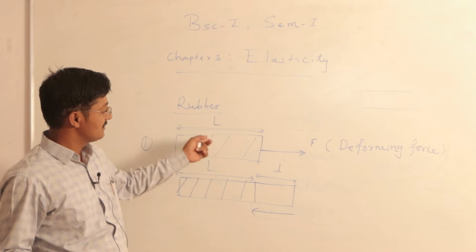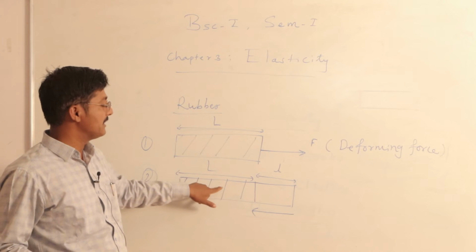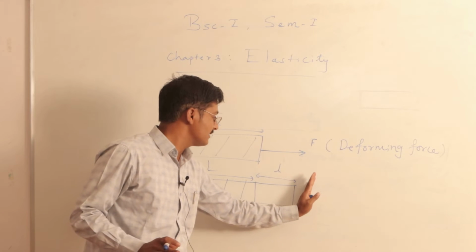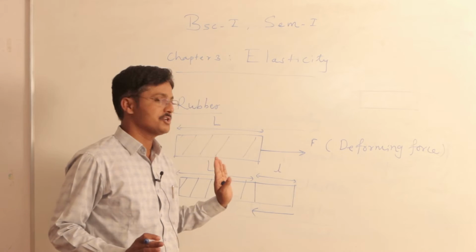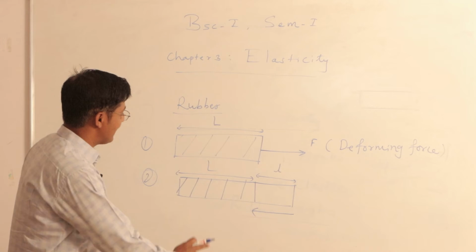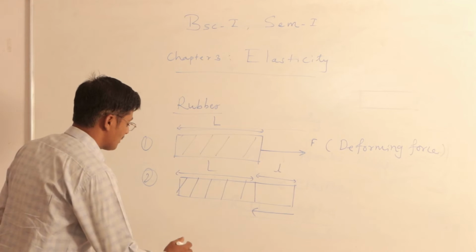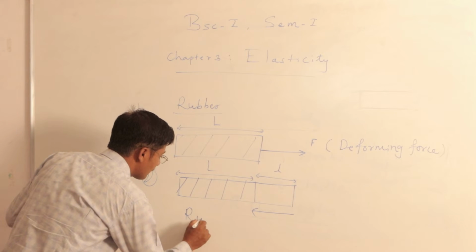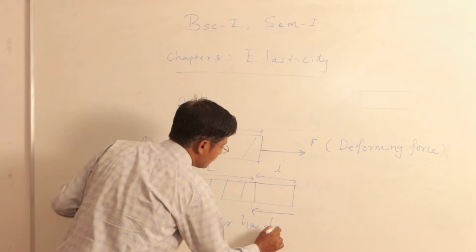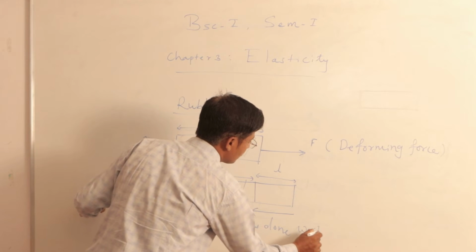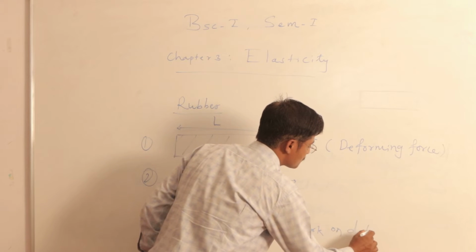Elasticity is nothing but the physical property of the material or body to bring its stretched body to its original position. Means the rubber has done work against the deforming force.